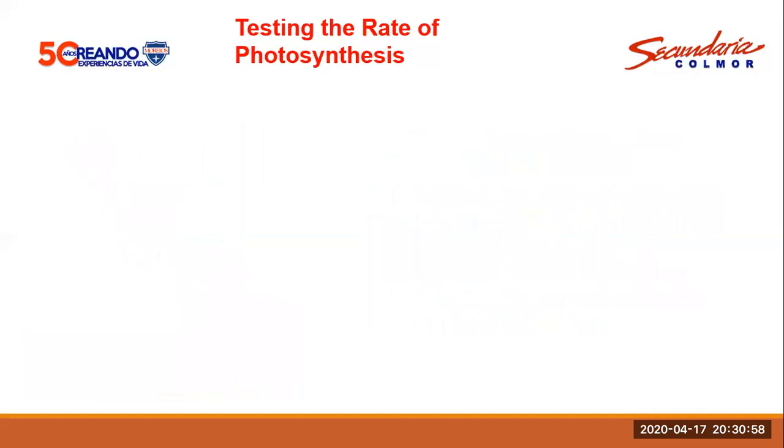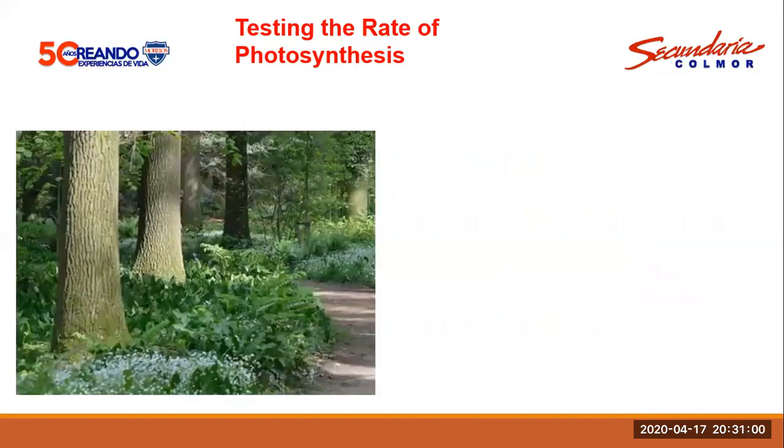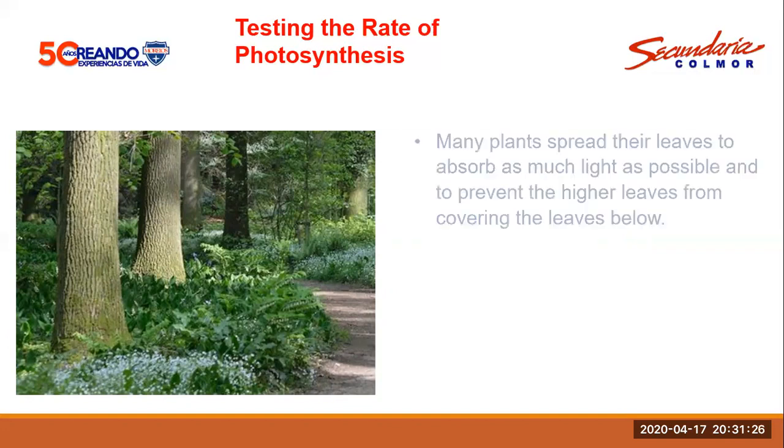Okay, so here, for example, we can see shade plants, which only need a little bit of light, not a lot of light. The leaves on the top of the trees are absorbing a lot of sunlight because they need that, but the shade plants don't need too much sunlight, right?